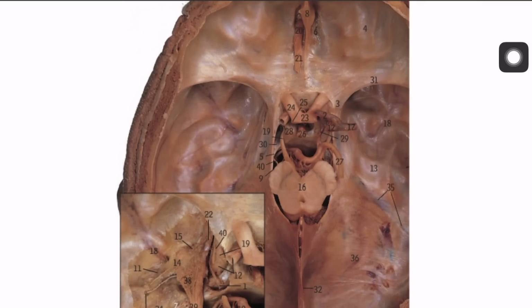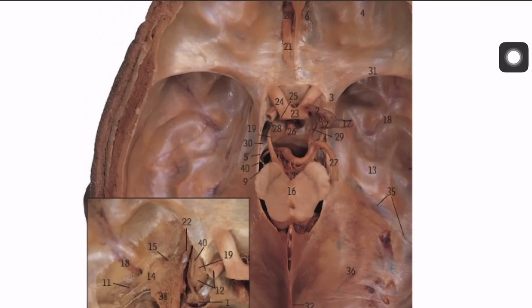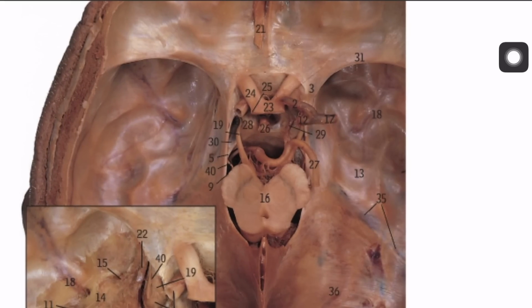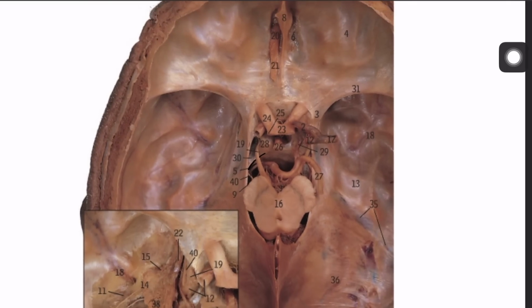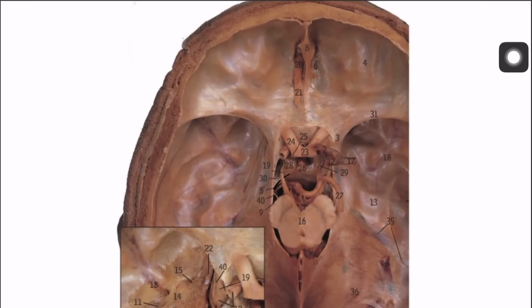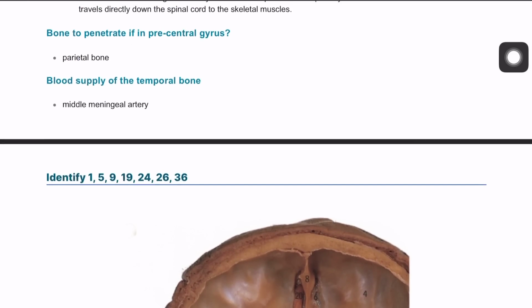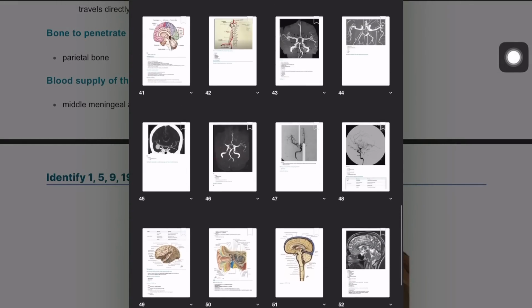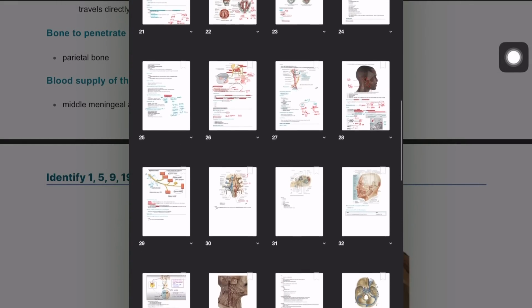So here, we have number 19 and the oculomotor nerve. It's compressed again at the attached part, which is number 5, as you can see here. So the petrous part of the temporal bone and the attached part of the tentorium cerebelli. I'm going to come to this diagram later on.